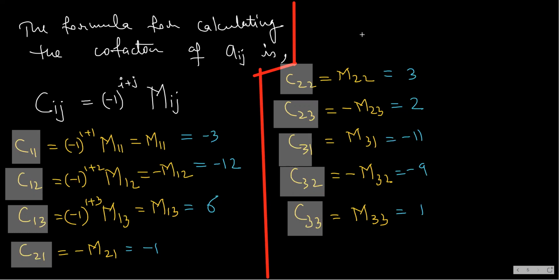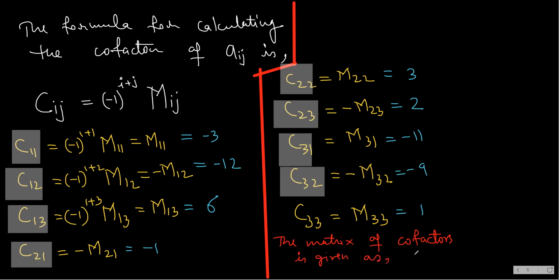I will now write the matrix of cofactors. What is the matrix of cofactors? All the 9 cofactors you got, you make a matrix of those 9 cofactors.